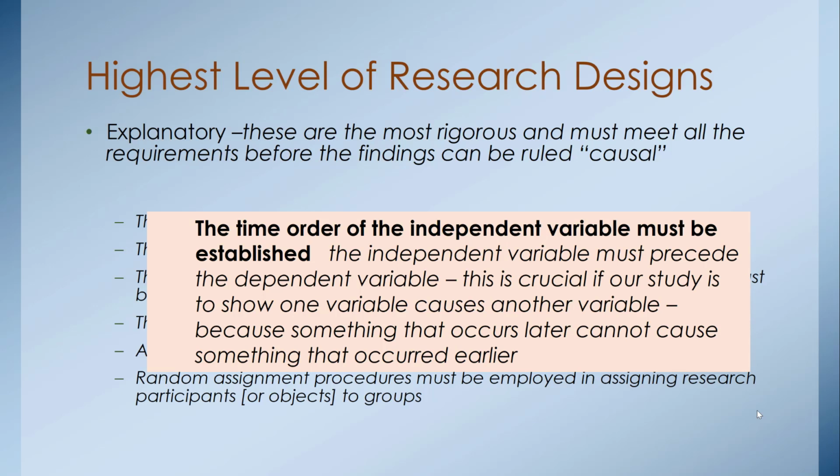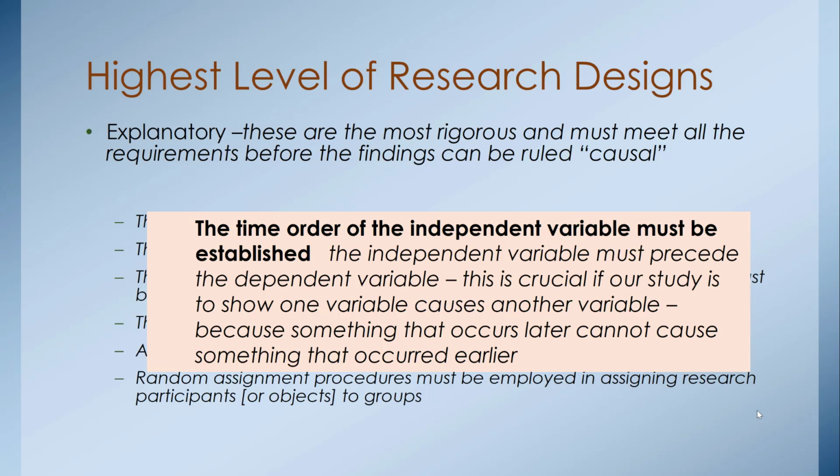This is crucial if our study is to show that one variable causes another variable, because something can't occur later and cause something that occurred earlier. So let's use the example again of depression. Our independent variable, which is our treatment for depression, must precede a decrease in the levels of depression in our clients.